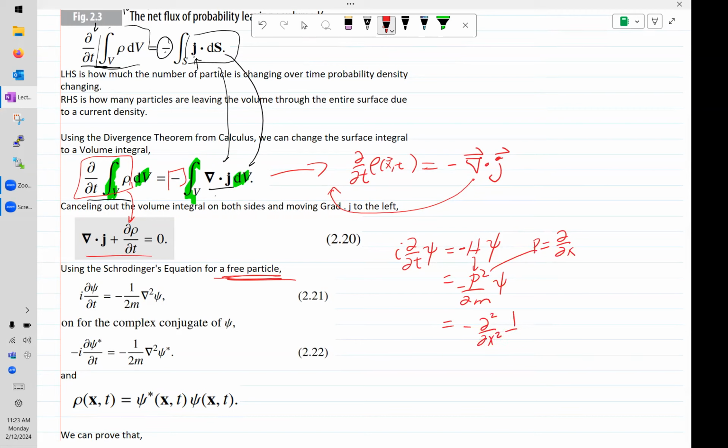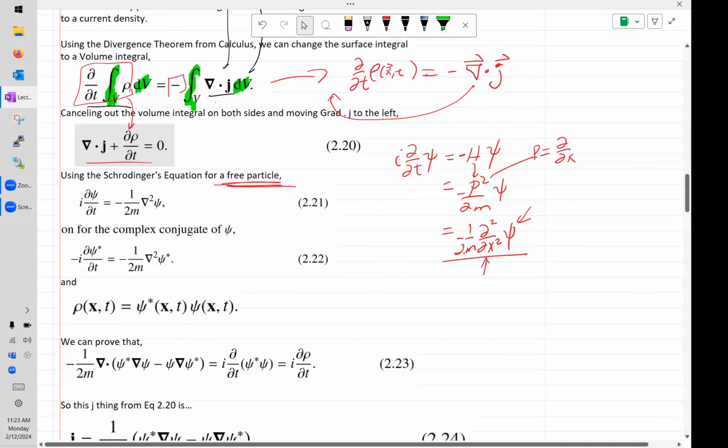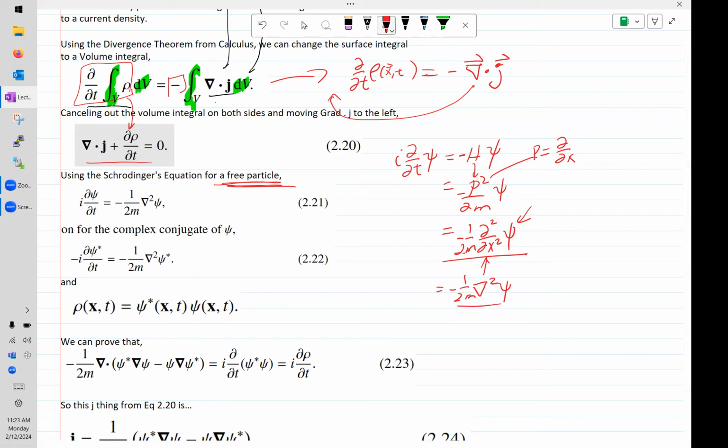Let's write the 1/2m in front, acting on psi. So this is the one-dimensional version. If you want to change this to the general three-dimensional version, so you're doing a second derivative in each of the directions, that's actually just the gradient squared, 1/2m. And that's how they ended up with equation 2.21 over here in the book.